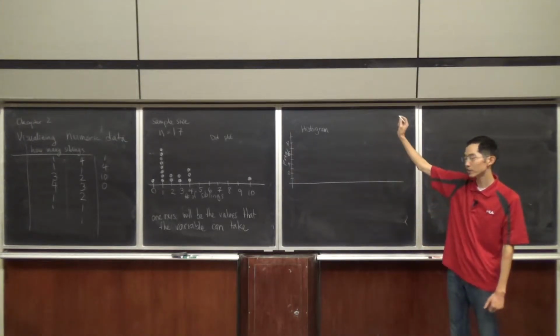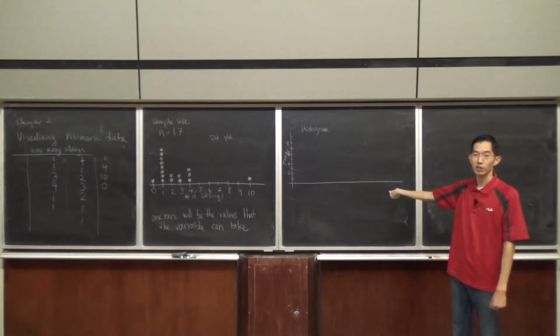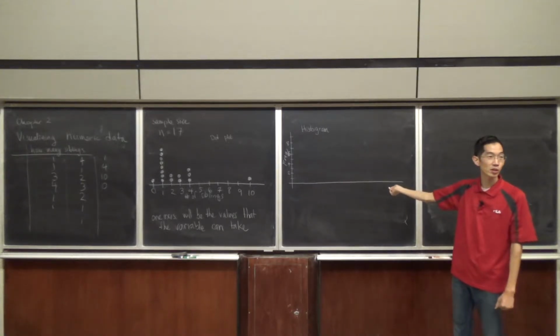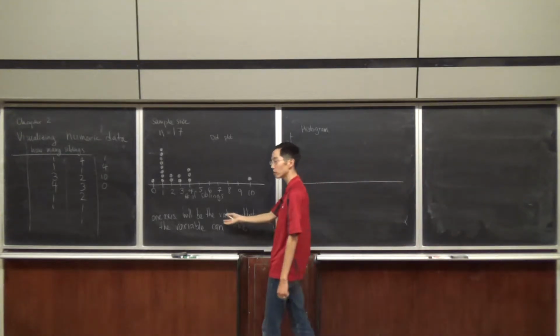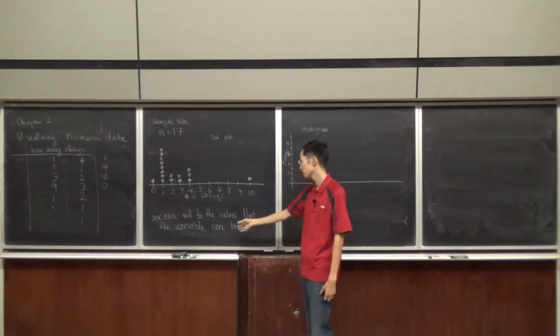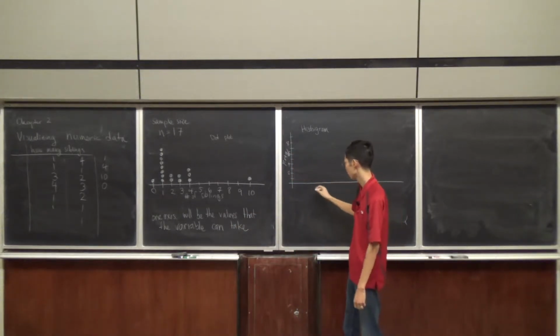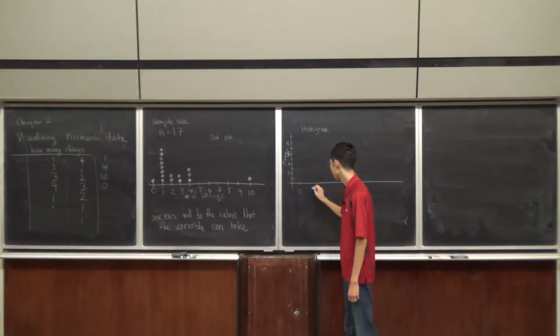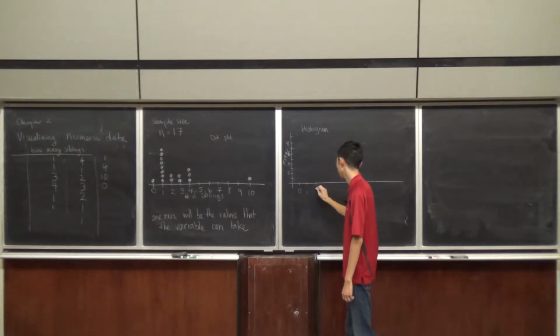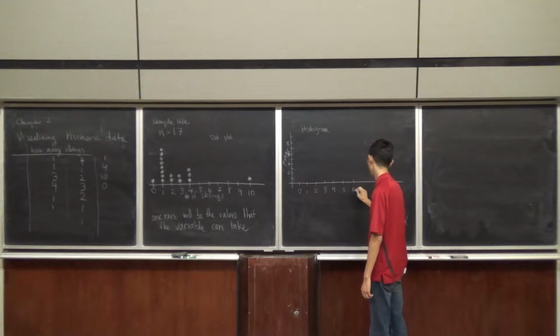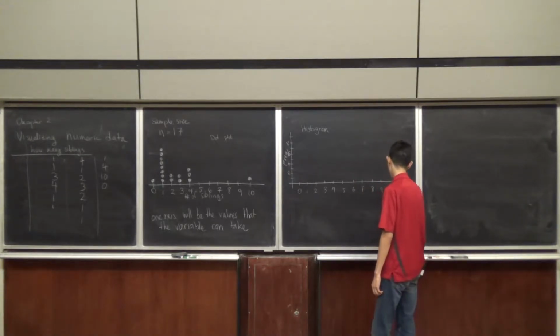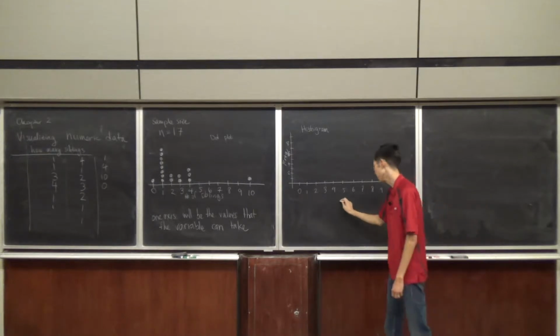So the vertical axis is frequency, the horizontal axis will be... okay? So for all numeric data, one axis will always be the values that the variable contains. So same thing here, 0, 1, number of siblings.